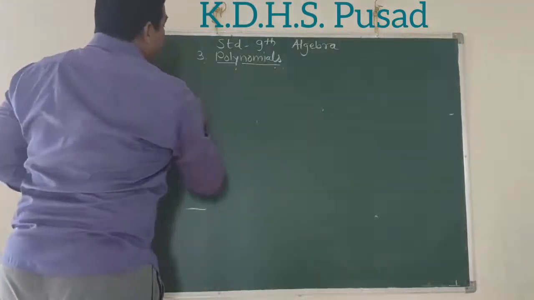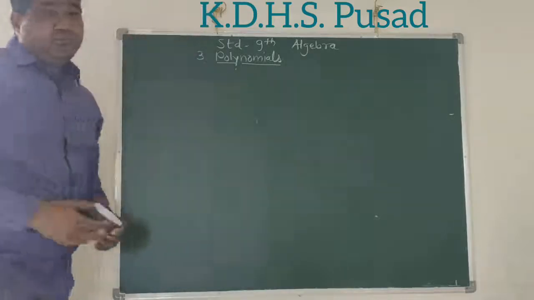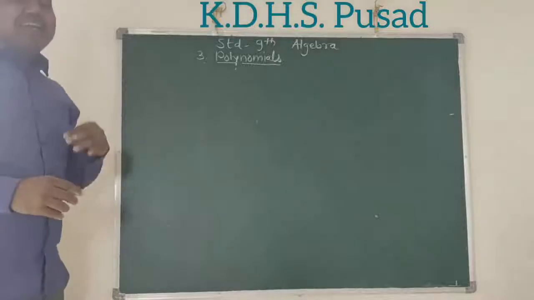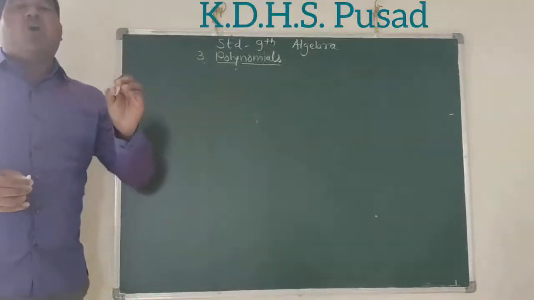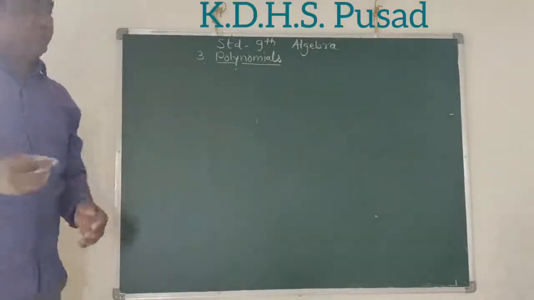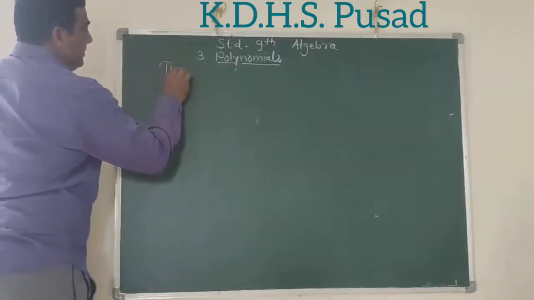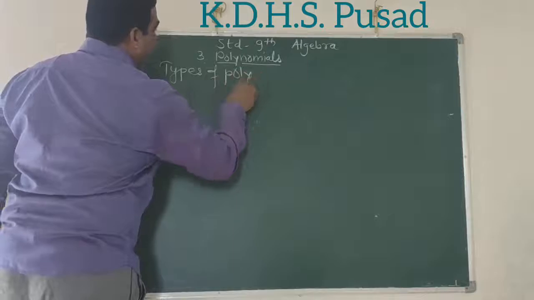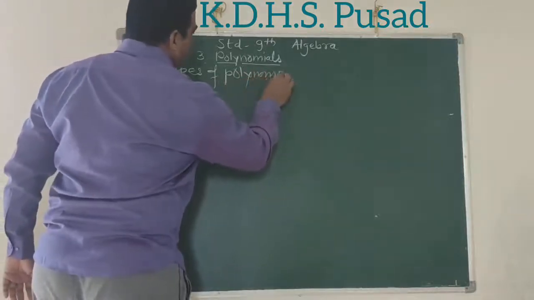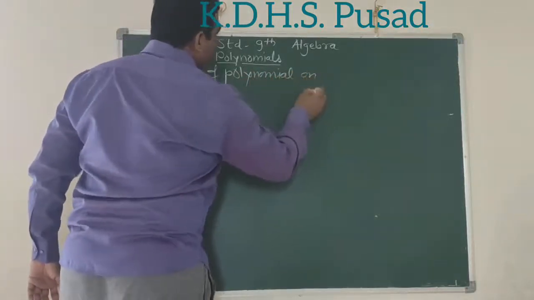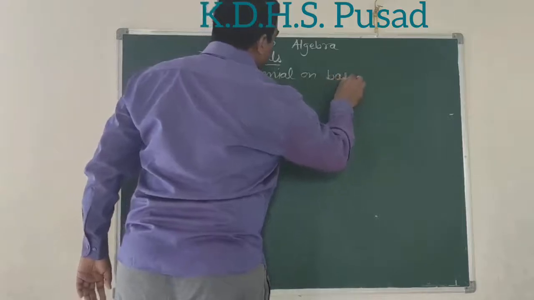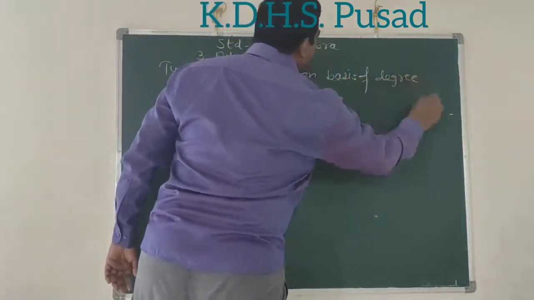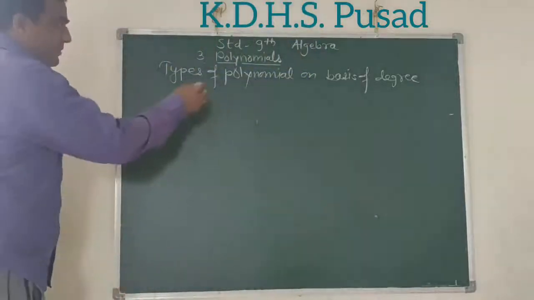So we have studied types of polynomial on the basis of terms. Now we want to study types of polynomial on the basis of degree. Here I have some examples.